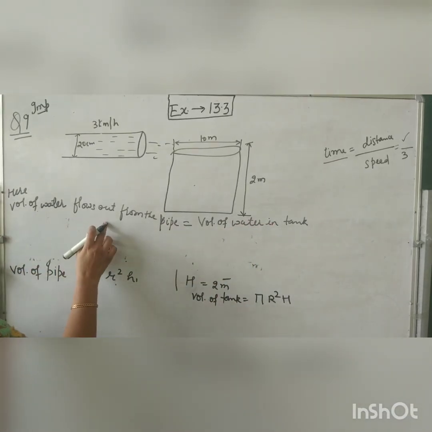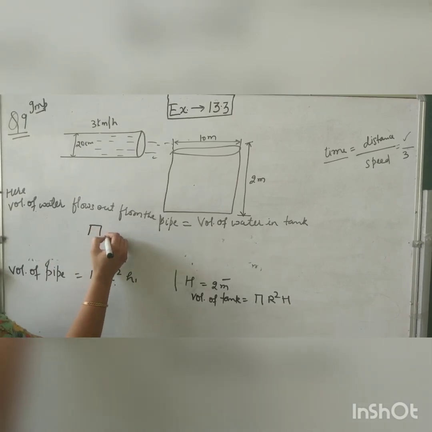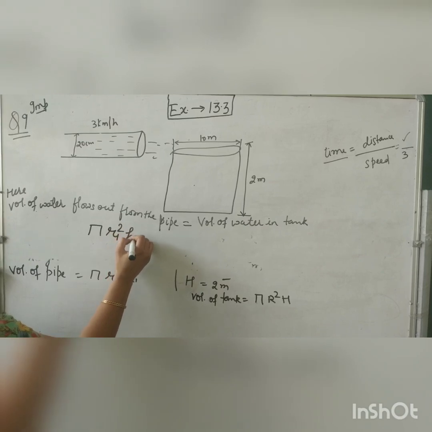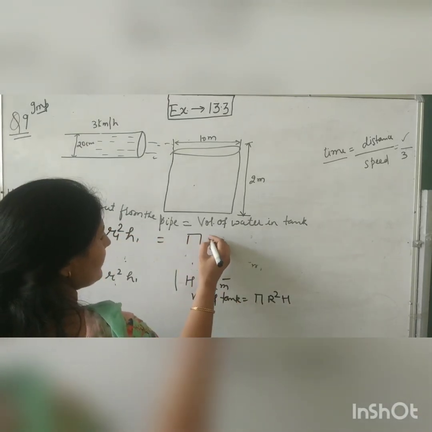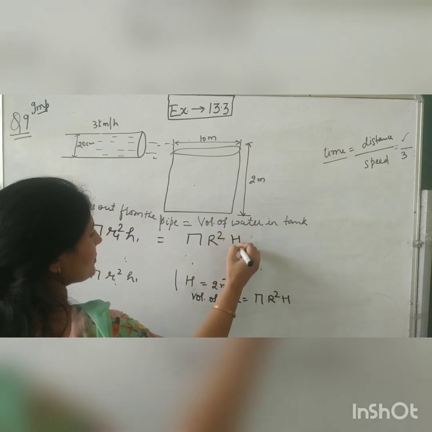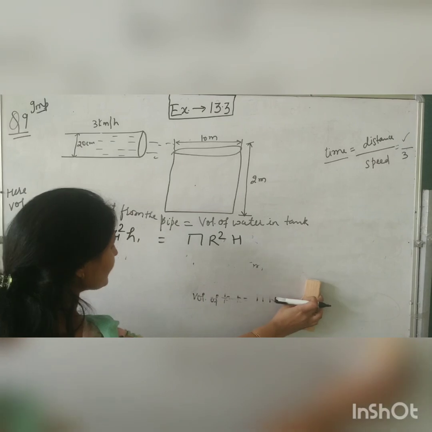You have to write it again. So volume of pipe is pi r1 square h1, and volume of tank is pi r square h. Right? Now we have to put the values over here.